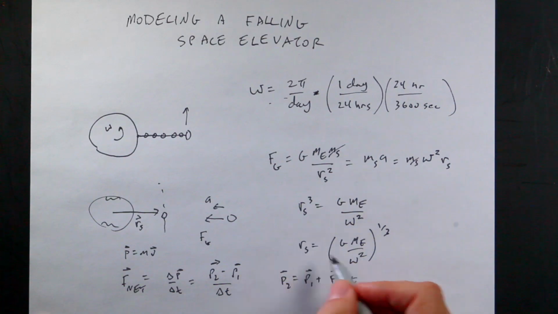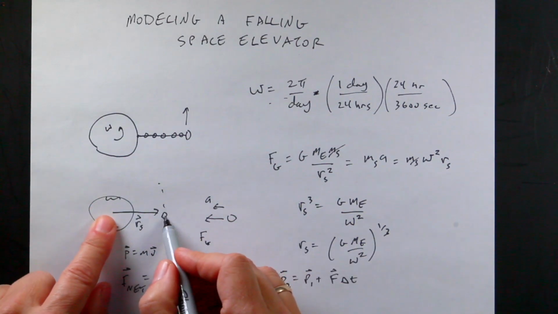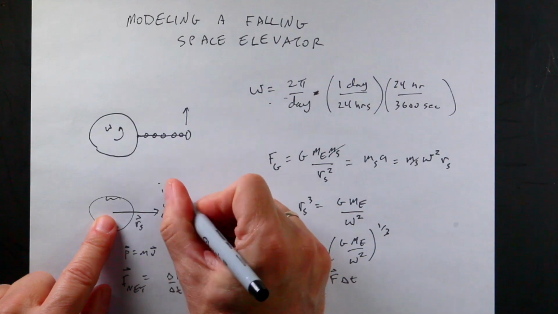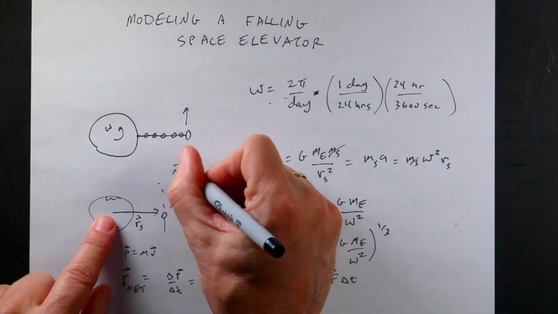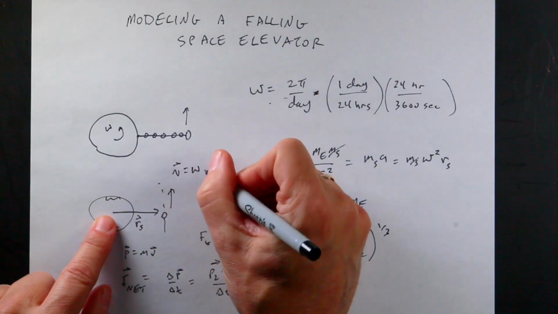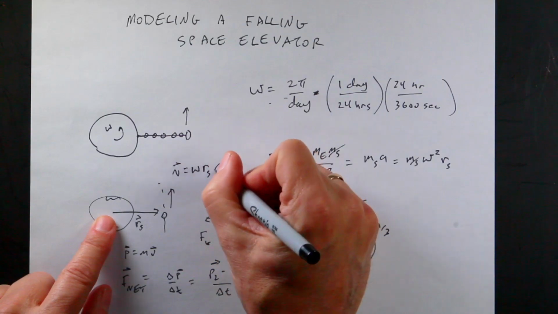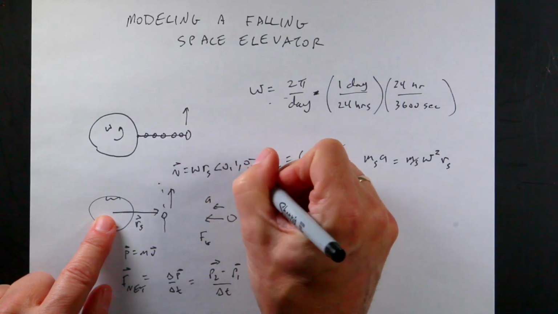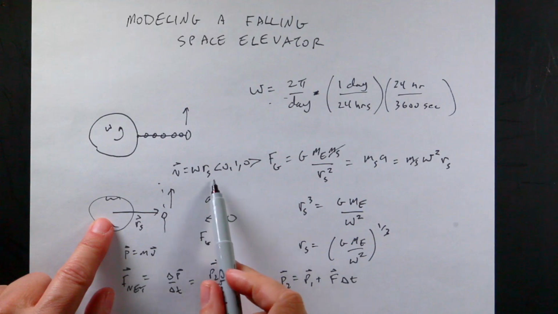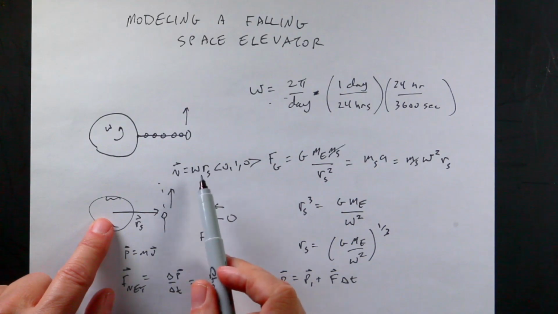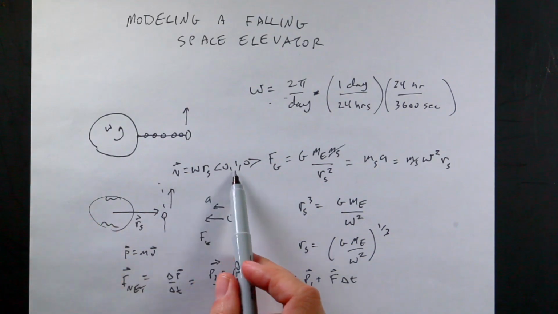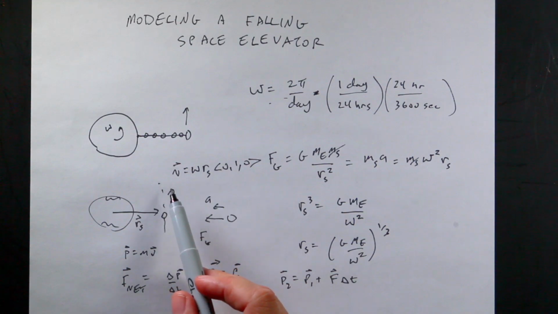Well, I already know the angular velocity. If I start with my station on the x-axis, I know it's moving that way, and its velocity is going to be omega times rs times the vector 0, 1, 0. So it's going to be up. I can find the magnitude of the velocity is omega times r, and then I make it a vector. So then I can find the momentum.